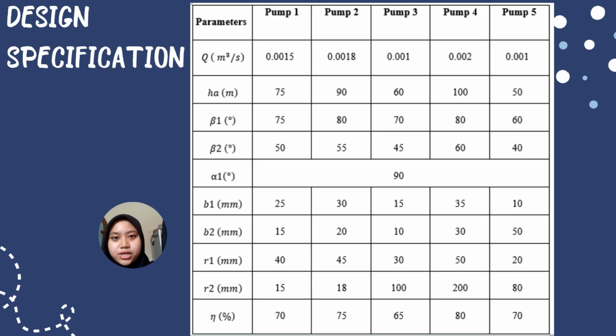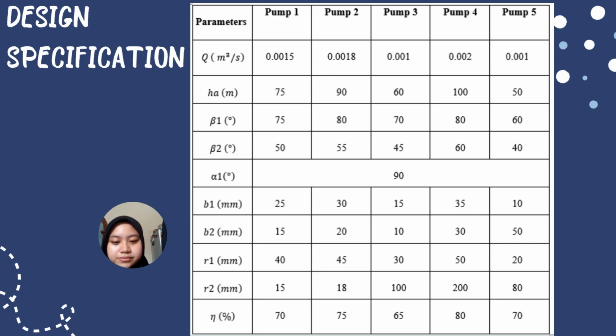For pump 2, we have the values 18, 90, 80, 55, 90, 30, also 20, 45, 18, and 75.